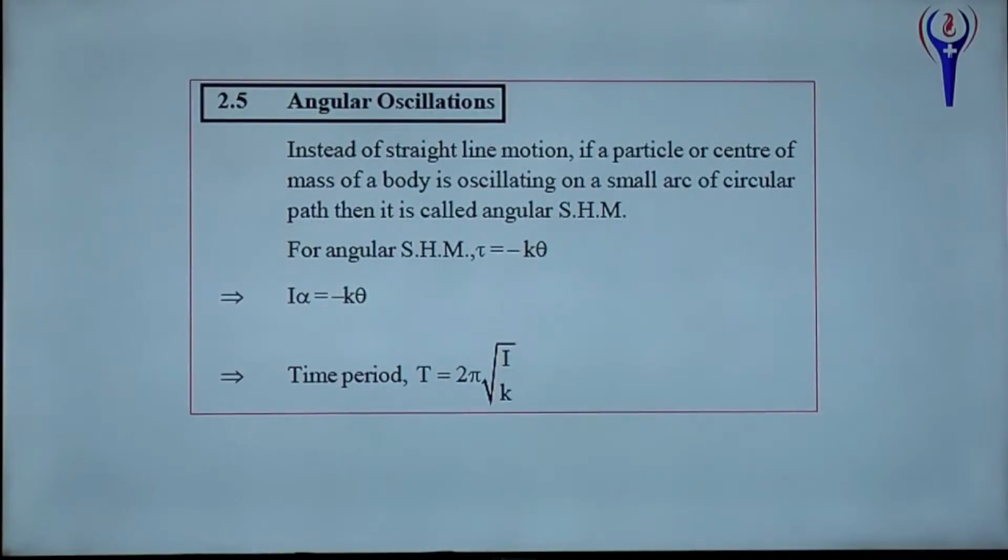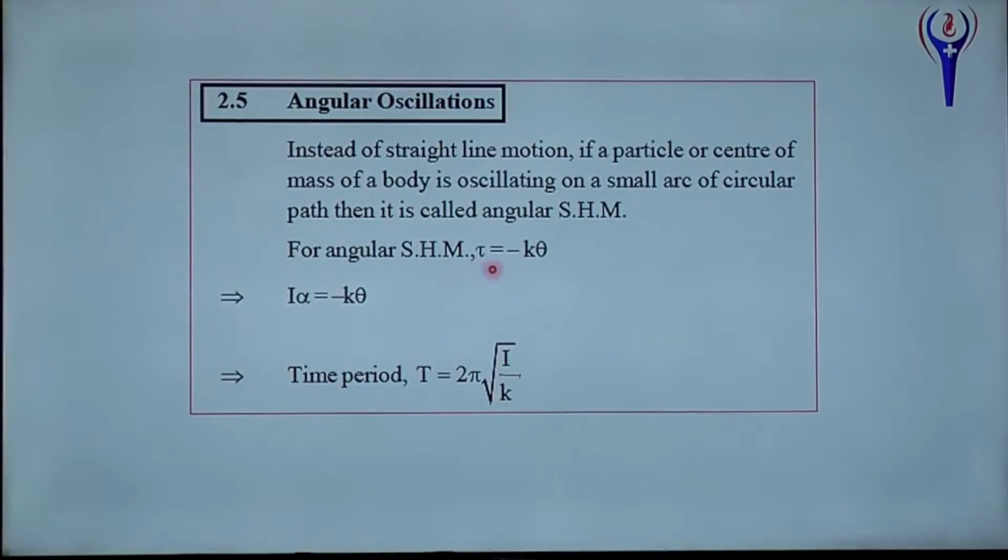Angular oscillations. So far we discussed linear oscillation; like that, angular oscillation also takes place. Instead of straight line motion, if a particle or the center of mass of a body is oscillating on a small arc of a circular path, then it is called angular oscillation or angular simple harmonic motion. For angular simple harmonic motion, tau is proportional to theta, or tau equal to minus k into theta.